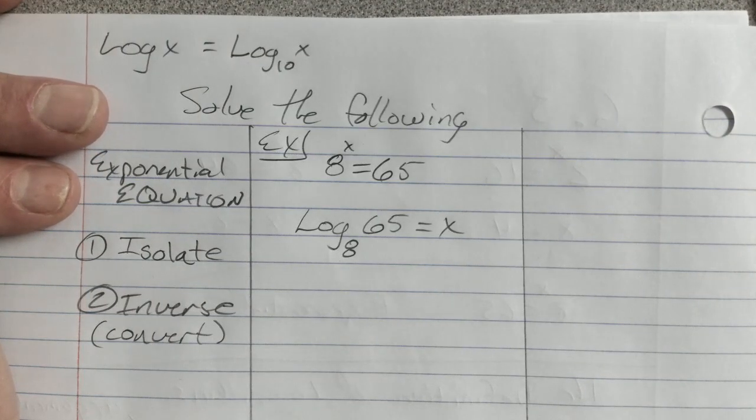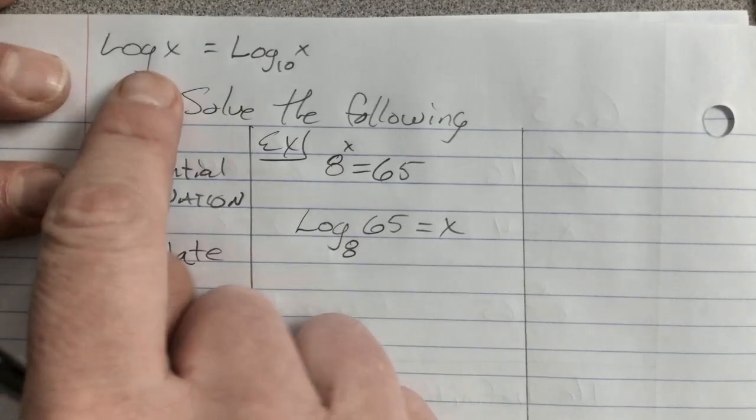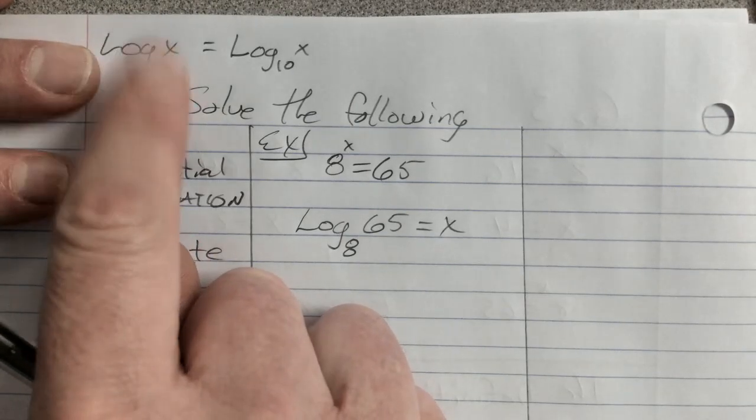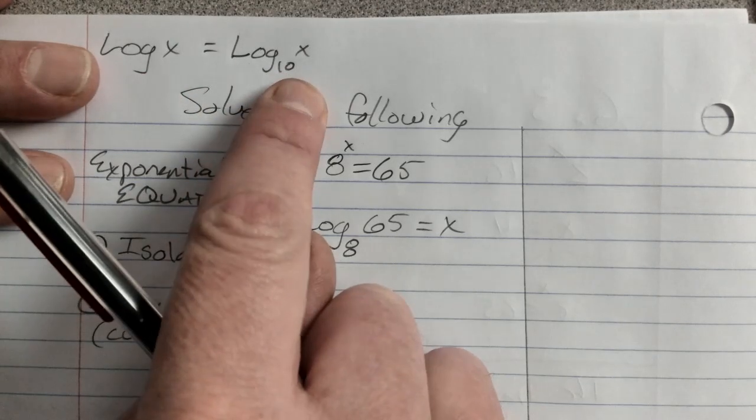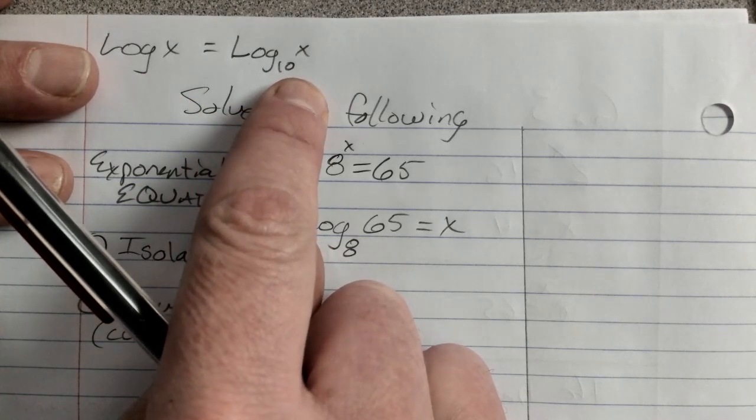The base is 10. It's understood. We don't write the index for a square root, do we? No. We understand that the index of a square root is 2. If I see a logarithm missing a base, I understand that the base is 10, because we count in a base 10 system.